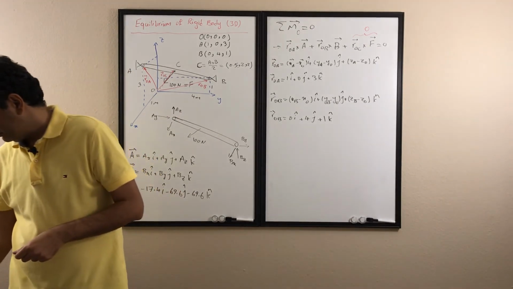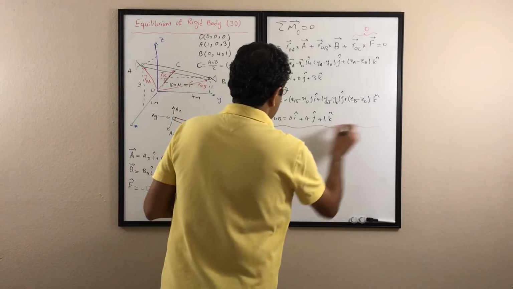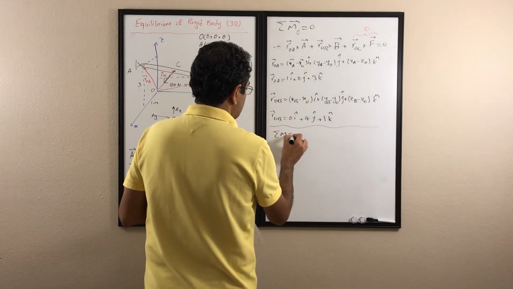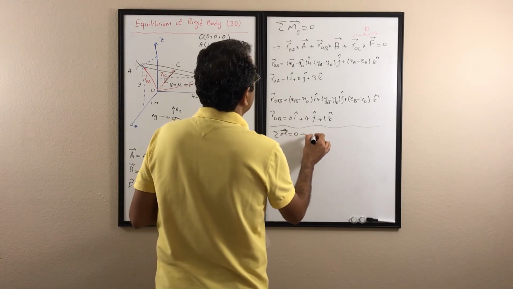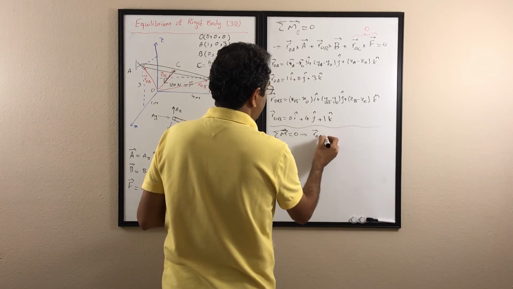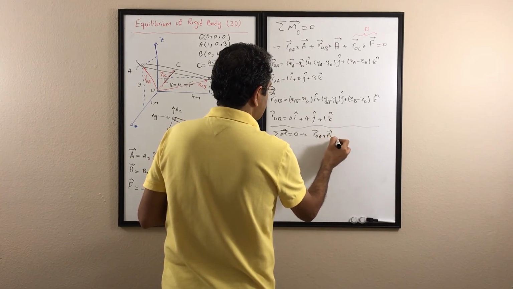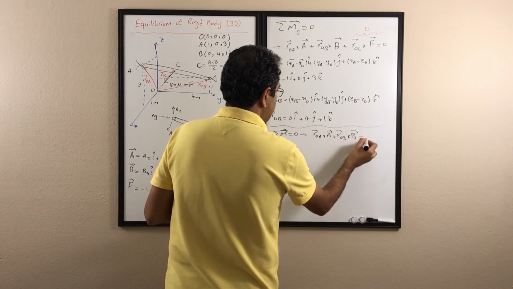So these are the two we have. Now we want sigma M equal to 0. Therefore ROA cross A plus ROB cross B is 0.